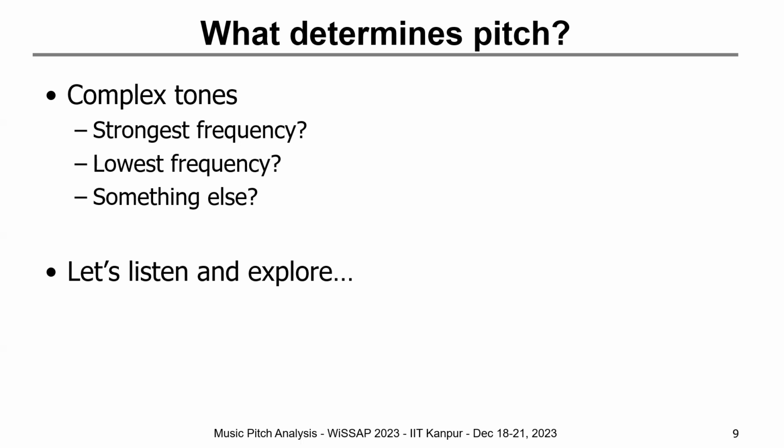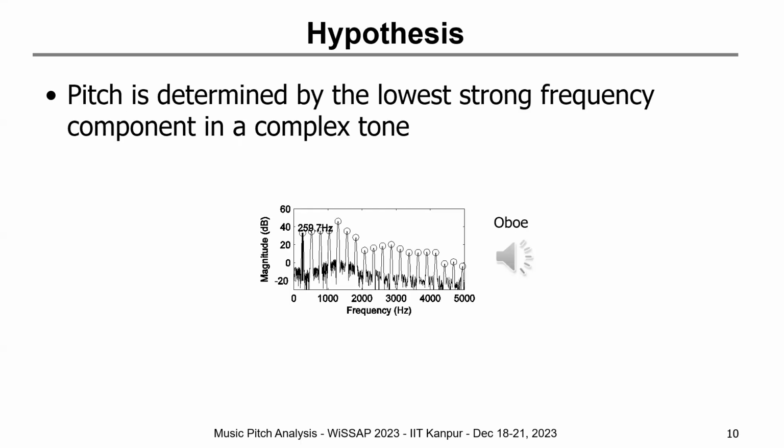Let's listen and explore. So maybe one hypothesis is that pitch is determined by the lowest strong frequency component in a complex tone. From this example, it's reasonable. When we look at the spectrum, the lowest strong frequency component is this peak, and its frequency is 259.7 hertz.